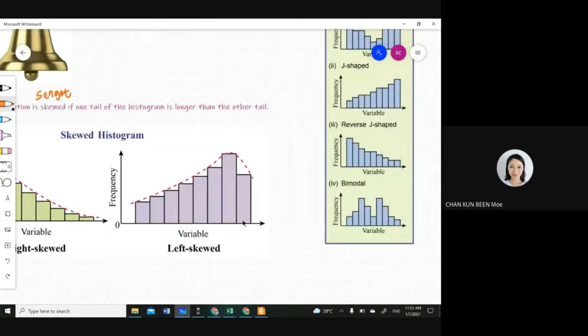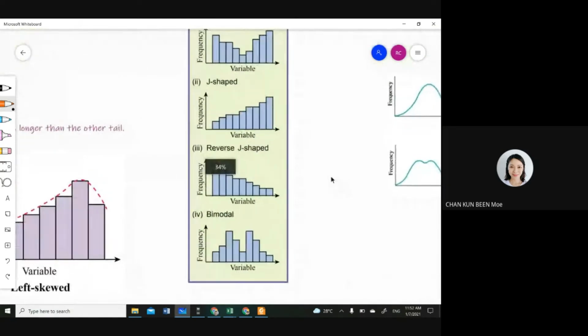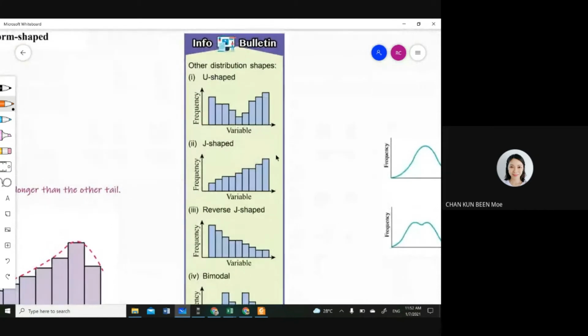Then we look at the right over here. We have some more to go. So there are a few types over here. These are the extra from your book. This one looks like U, so it is called a U-shaped histogram. This one here, it looks like a J shape because you start from the top over here, J shape. The third one is the reverse of J shape from the top over here.